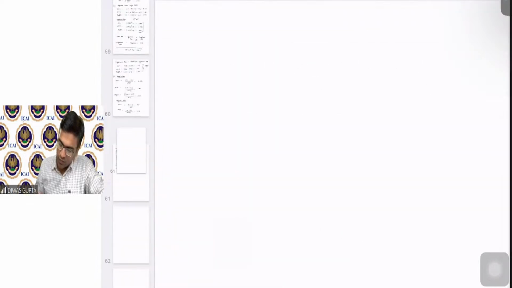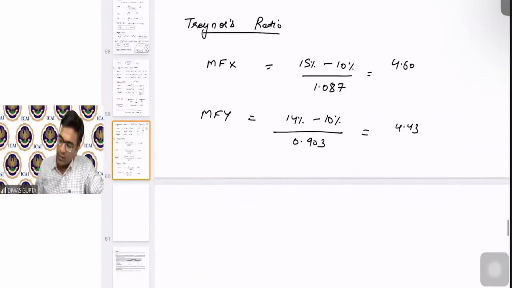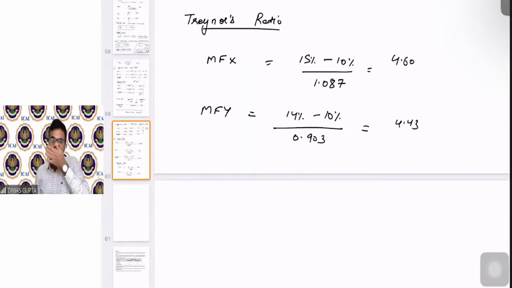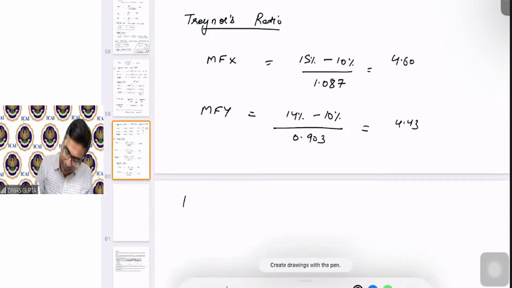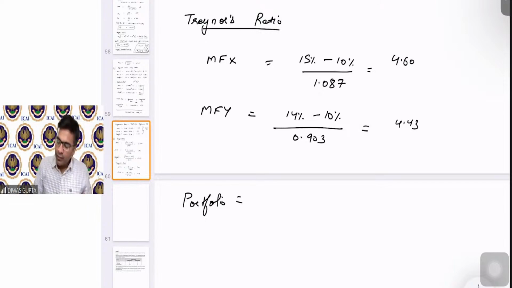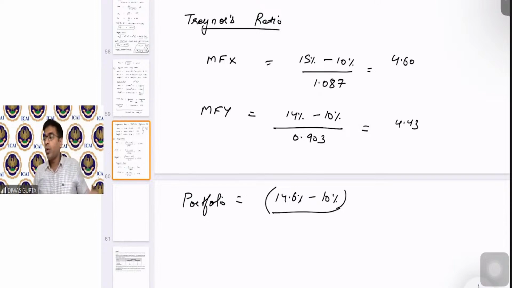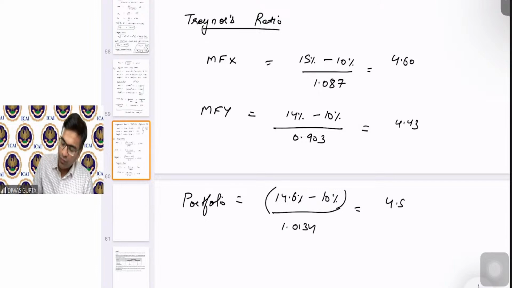I think here it should have been added. Yes. Treynor's ratio 4.43. And for the portfolio, this will be 14.6 whole divided by portfolio beta, which is 1.0134. This is 4.54.